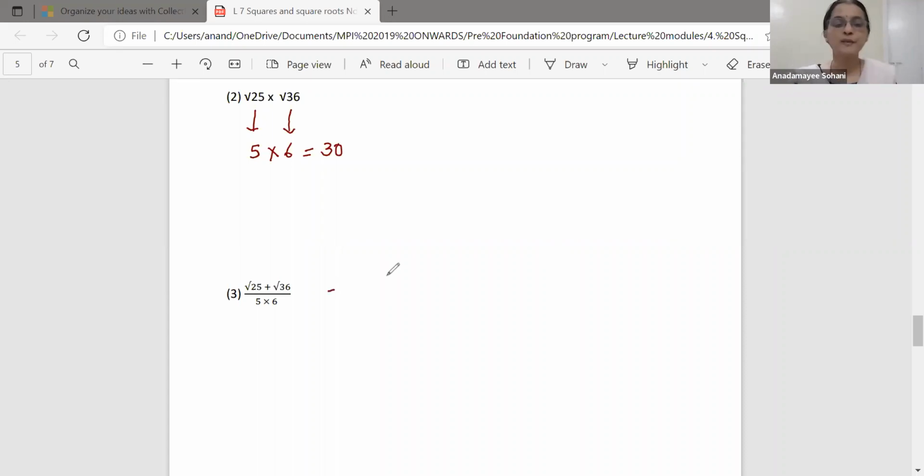That is 5 plus 6 upon 5 into 6, that is 30. So the answer over here will be 11 upon 30, the one answer by taking positive roots.